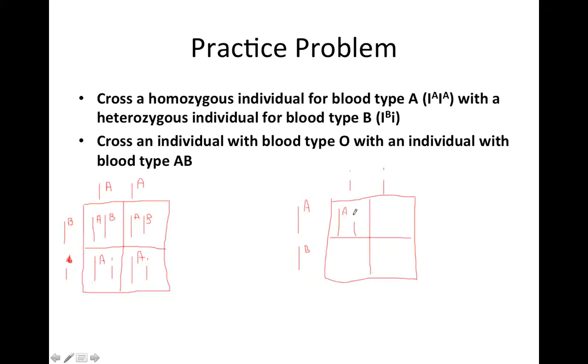So that offspring is A blood type. We have I capital A, lowercase i. That individual is also an A blood type. Then we have IB, lowercase i, IB, lowercase i. So two individuals will be A blood type, two individuals will be B blood type.